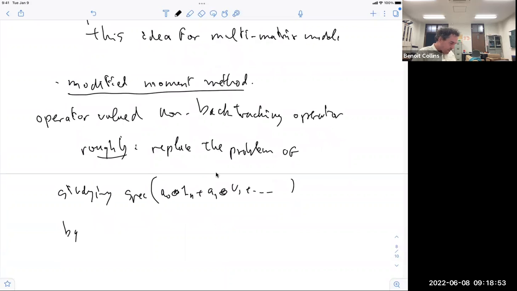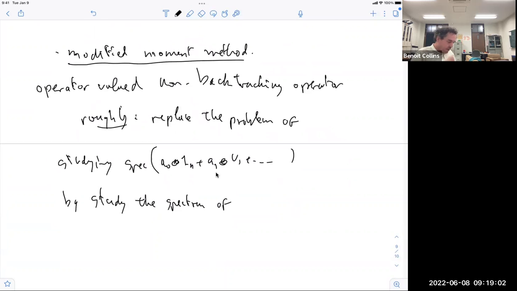by studying the spectrum of an operator which I will call the sum for i not equal to minus j.